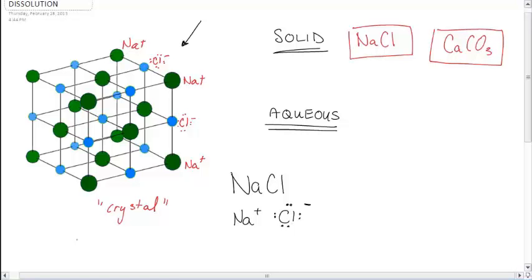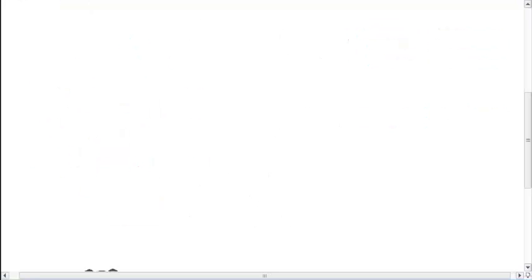Now the other form that ions can exist in, and this is probably the most common, is the aqueous form. And aqueous means dissolved in water. Now you might remember from our unit on food chemistry when I talked about making cheese and congealing the casein molecules or causing them to coagulate, I talked about water.